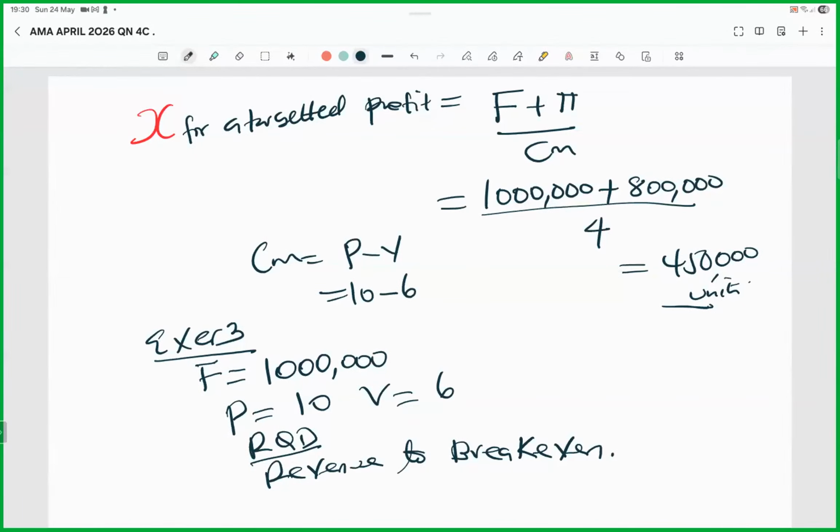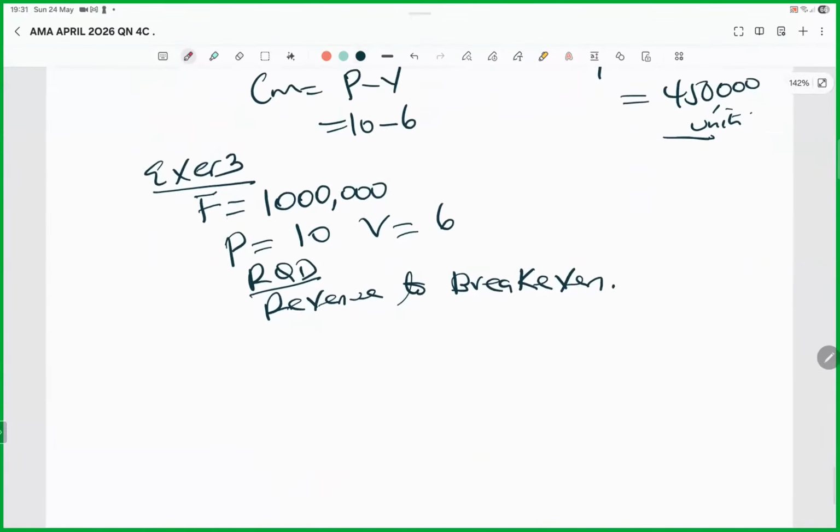Mwalimu, this I can do very well, even without your interventions. Why? Because I can come here and get, first of all, X break even. Remember, X break even, we are targeting 0 profit, so don't say F plus profit over CM. So the fixed cost here is 1 million.